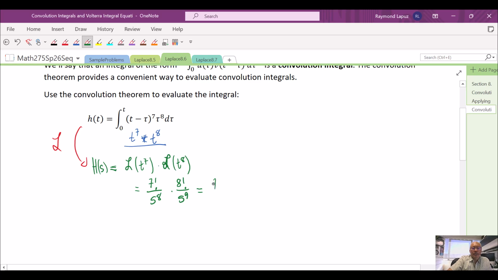This is 7 factorial times 8 factorial times 1 over s to the 17th. Okay, so that's what we're saying. We are saying that H of s is equal to 7 factorial times 8 factorial times 1 over s to the 17th power.